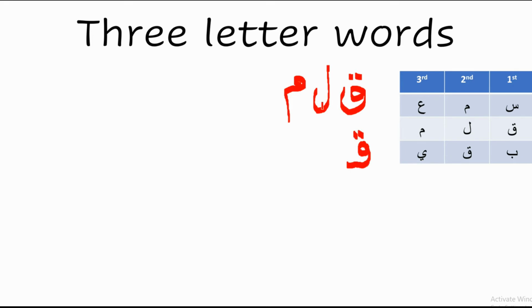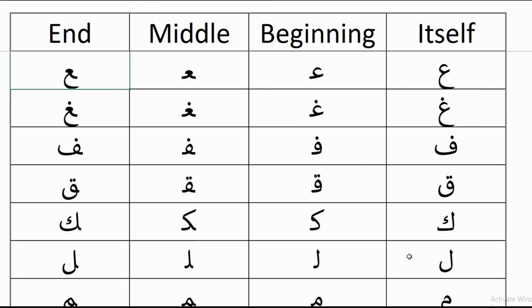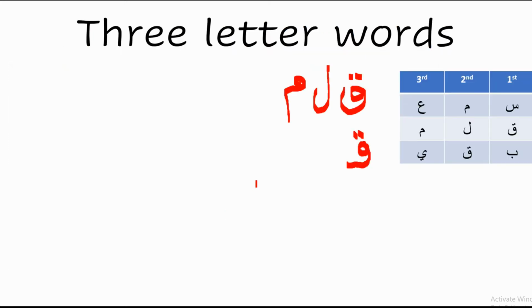So the next letter is Lam. Lam is in the middle of the word. Let's go and see how Lam looks like in the middle. This is Lam by itself, and this is how Lam looks like in the middle. Okay, so this is the Lam. Let's copy this, like this. Okay.